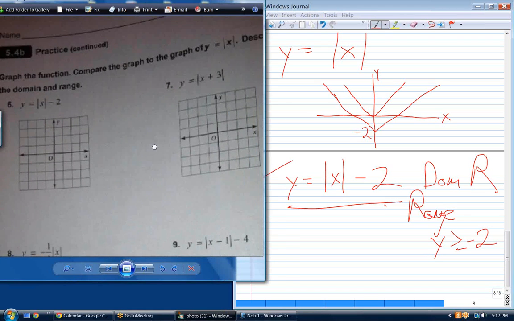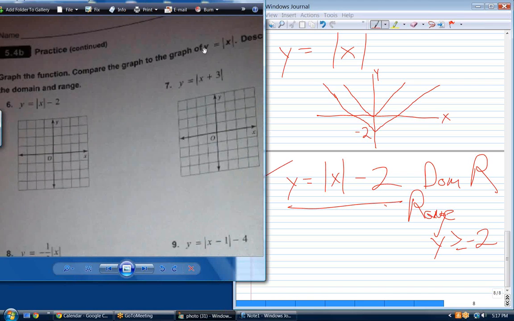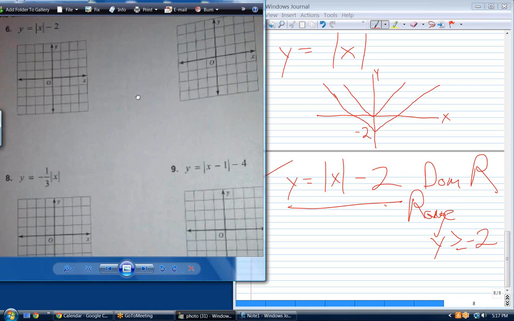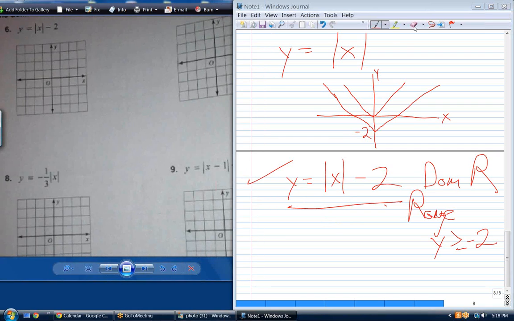Because that's what they want: compare the graph to the graph of y equals absolute value x. So what they're looking for is, tell me how this function is translated relative to the first one. It vertically shifts down 2. Perfect.